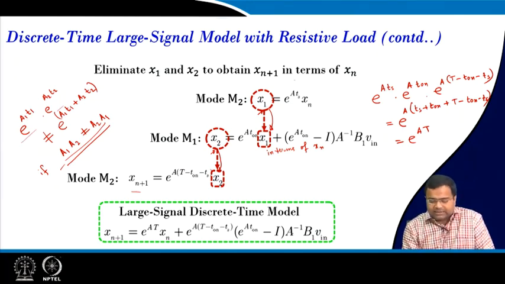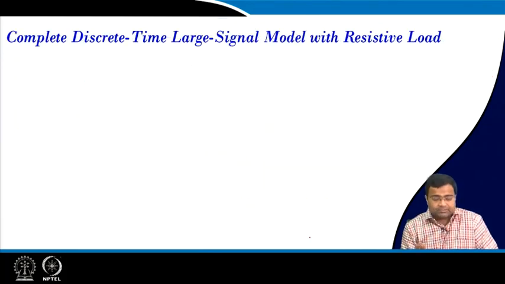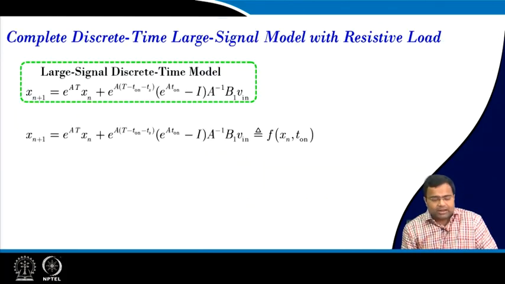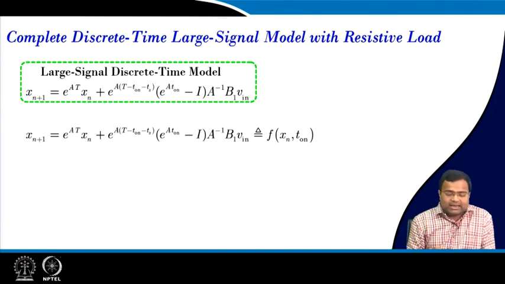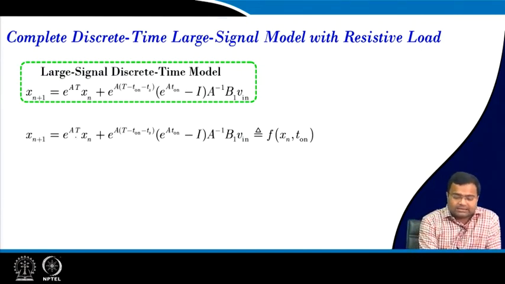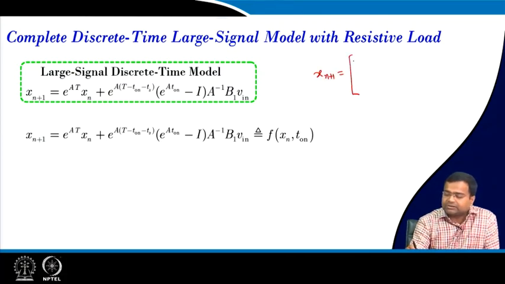So, the complete discrete time model for a buck converter can be derived by this method, and we will take this complete discrete time model as a vector function, because this xn plus 1 is basically a vector consisting of ILn plus 1 and VCn plus 1.